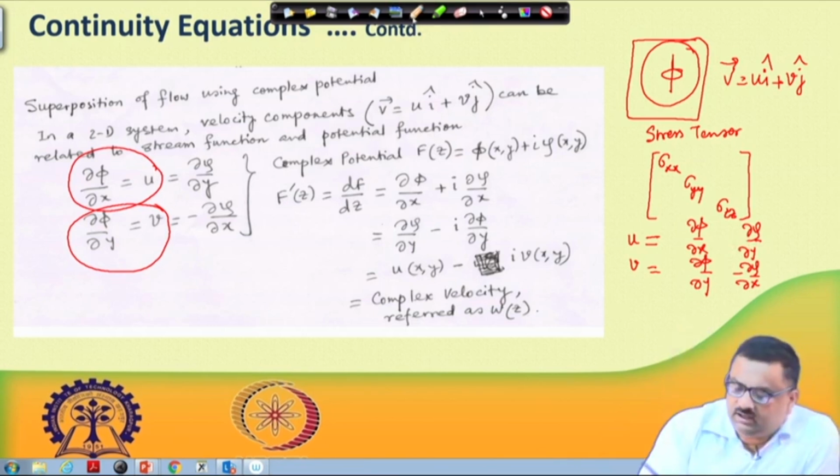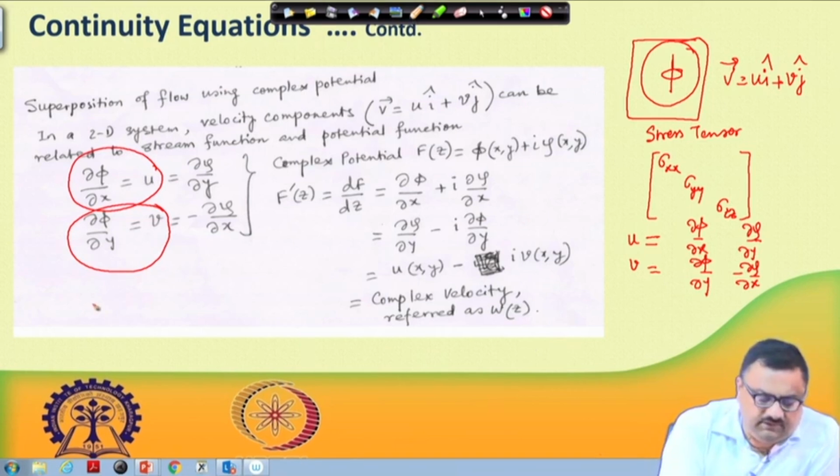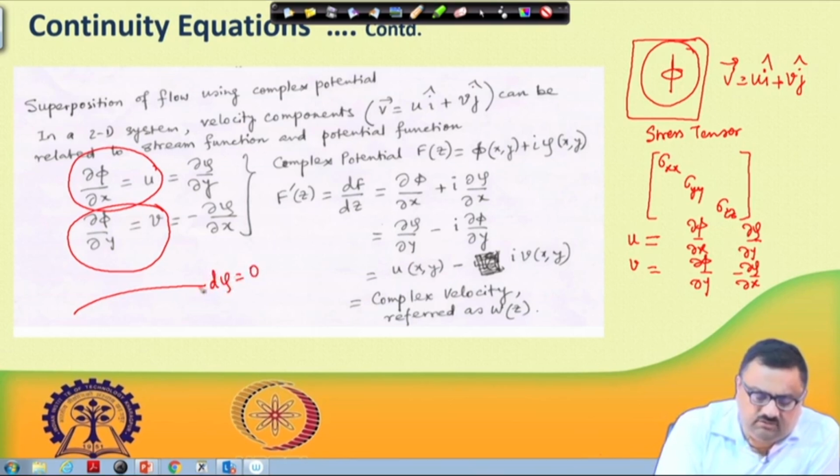The line along which the stream function is constant, that line is basically giving me d psi is equal to 0.